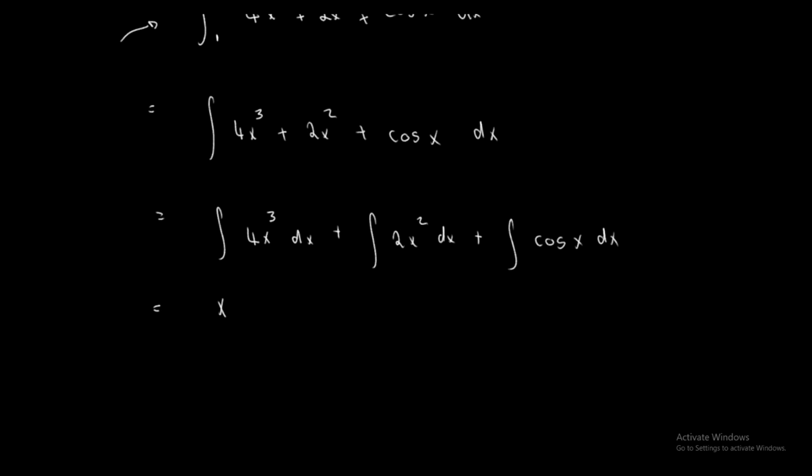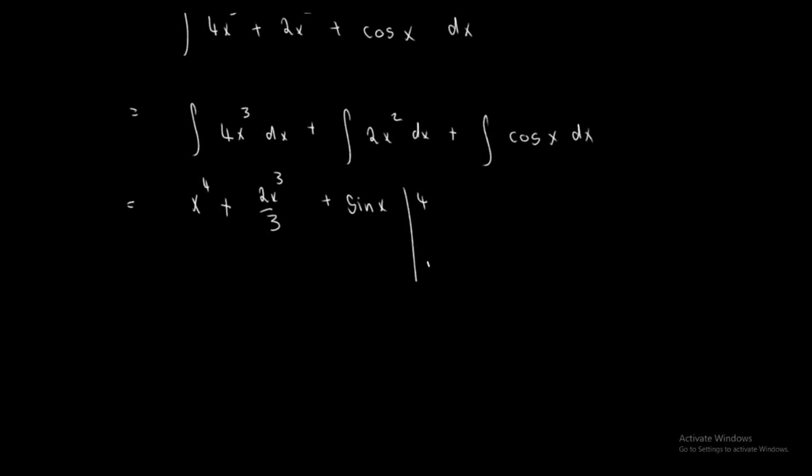Anyway, so we evaluated this one earlier, which was x to the 4 plus 2x cubed over 3 plus sine x. We want to evaluate it at the points 4 and 1.